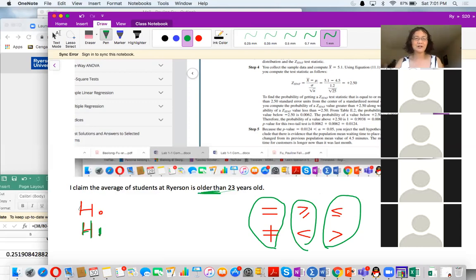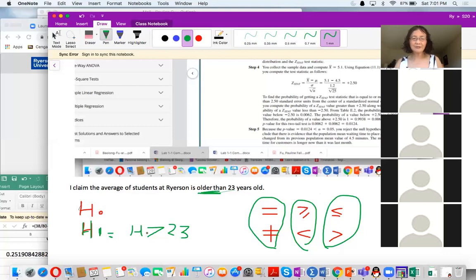So the original statement: the average age is older than 23. You write down mu represents average age, older than 23. The keyword older than applies to H1. If you have smaller than, more than, less than, it is always H1.